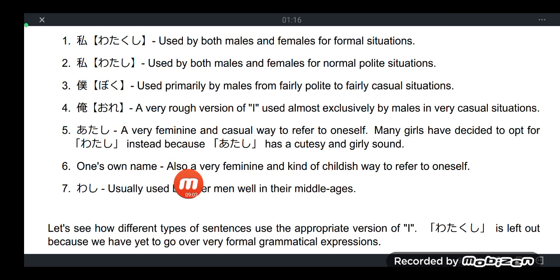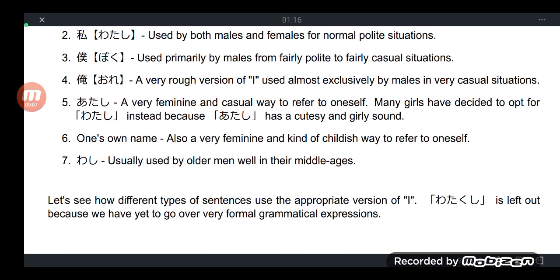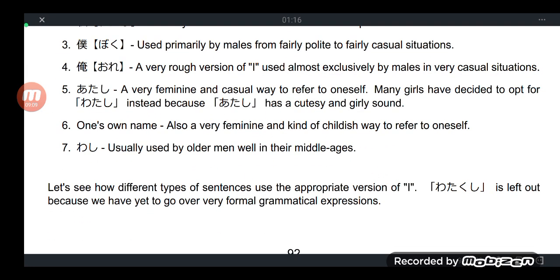Also a very feminine and kind of childish way to refer to oneself. Okay. Sometimes if you want to be a little bit proud, you will precede it by kono, but that is quite a boastful or prideful way.